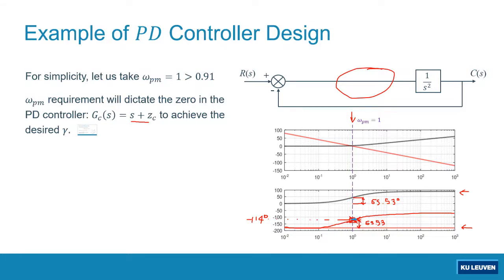PD controller should be equal to 65.53 degrees at the frequency of 1 radian per second, right? Radian per second.